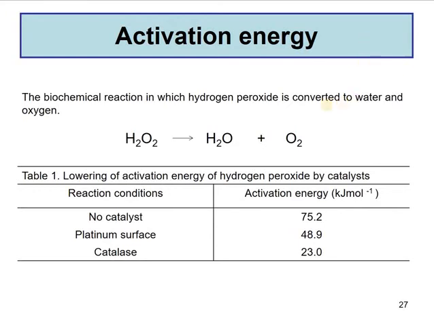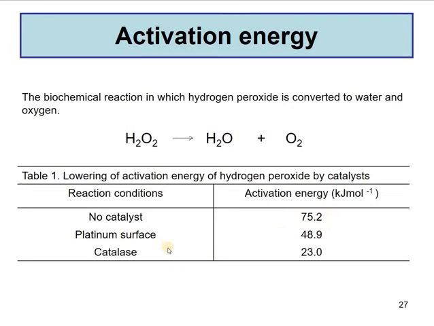So in this reaction, the hydrogen peroxide is broken down into water and oxygen. We can lower the activation energy by using different catalysts. The first reaction condition, when there's no catalyst at all, is just hydrogen peroxide being left there to break itself into water and oxygen. The activation energy required for that is 75.2 kilojoules per mole.